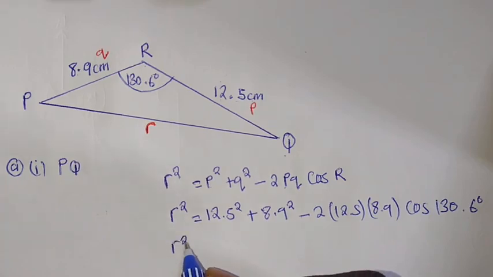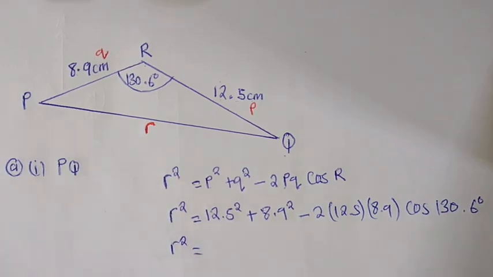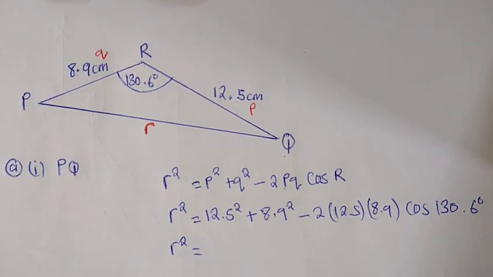Now from here, we are just going to find the values. We write r squared is equal to, so you just need to find 12.5 squared. What value are you getting?